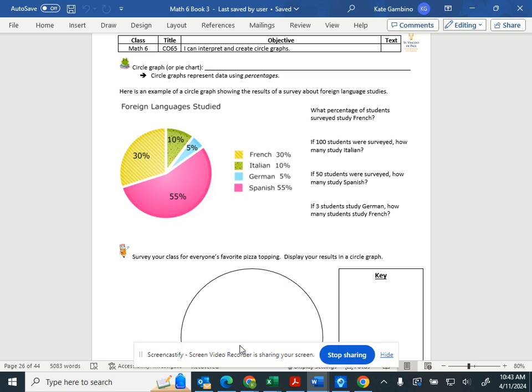A circle graph is sometimes referred to as a pie chart, because when we look at that circle graph, it looks like it's divided up like you would cut up a pie. So some people call it pie charts.